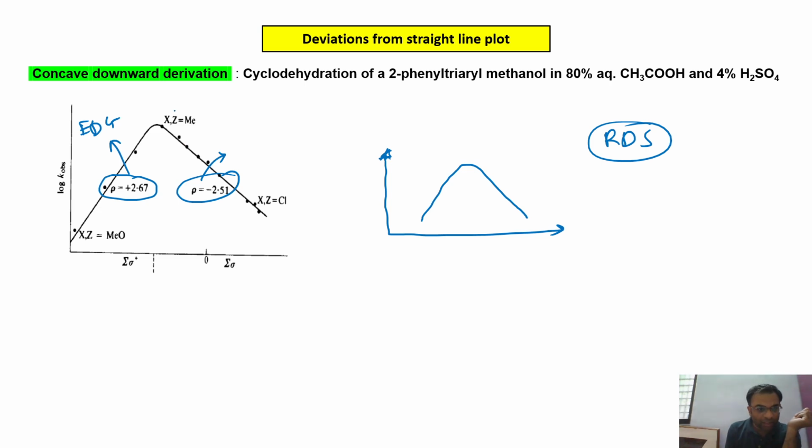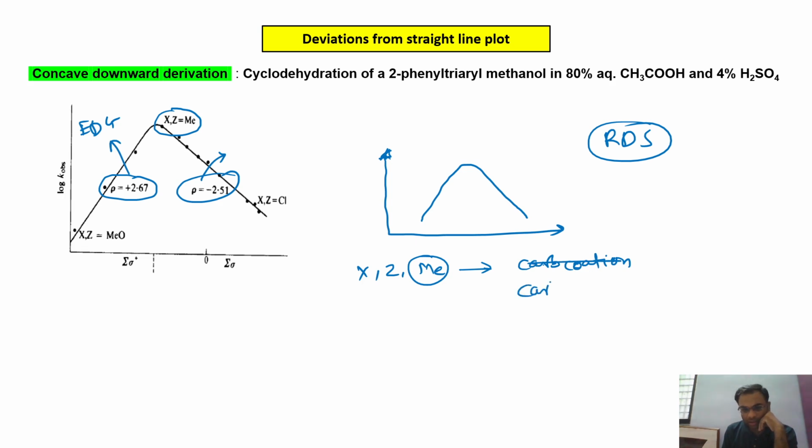Now, why, when X and Z is methyl, is the rate of this reaction faster? Because this methyl stabilizes the carbocation.